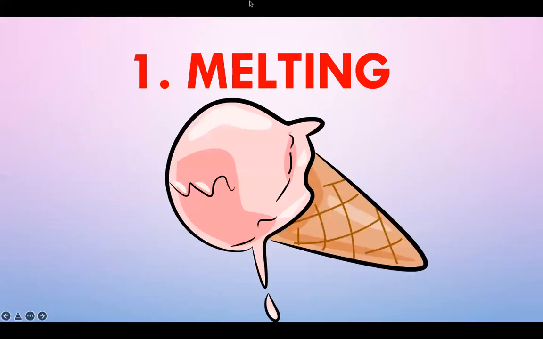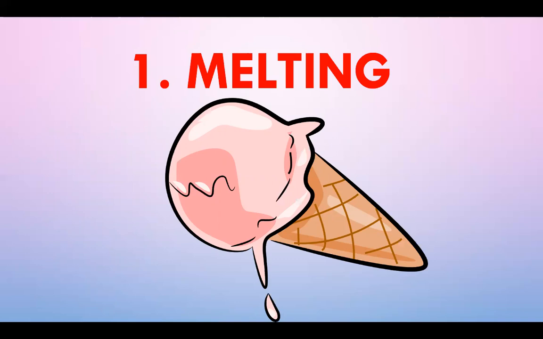Okay, melting. I think this image itself gives you the note. So it's very easy to remember. So this is an image of ice cream. Hope you can recognize. When you keep ice cream for some time in room temperature, it starts melting.